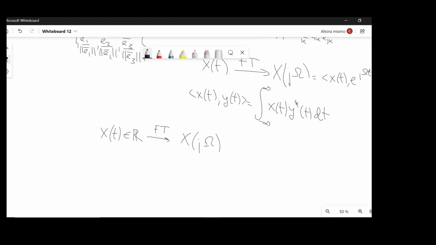Okay, so if this is real valued, then this is Hermitian. Hermitian is the word. That means that X of omega is equal to X of minus omega conjugate. This property you know, right?